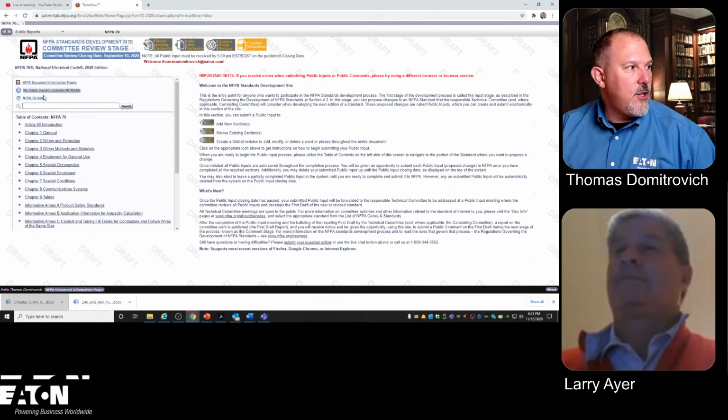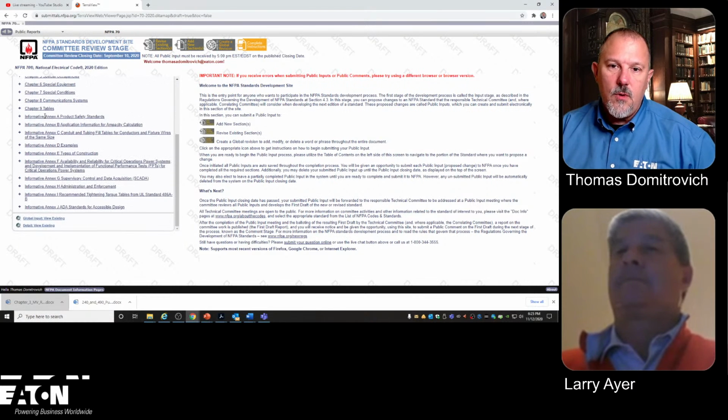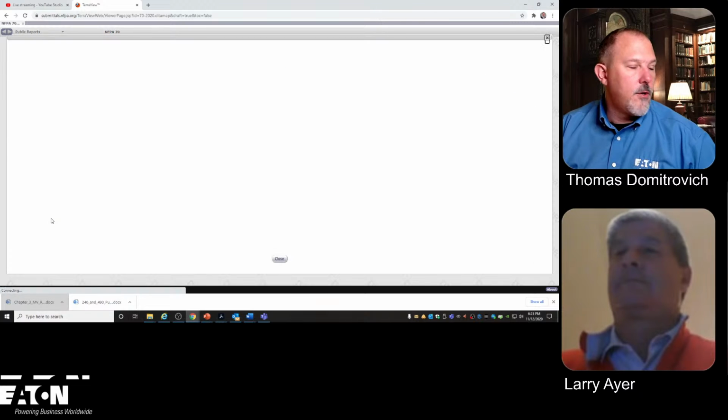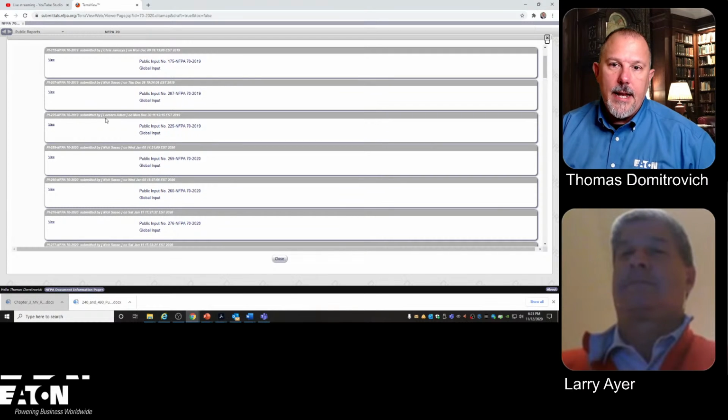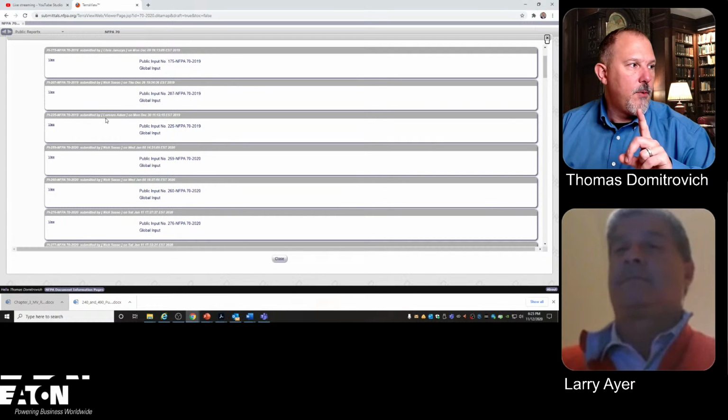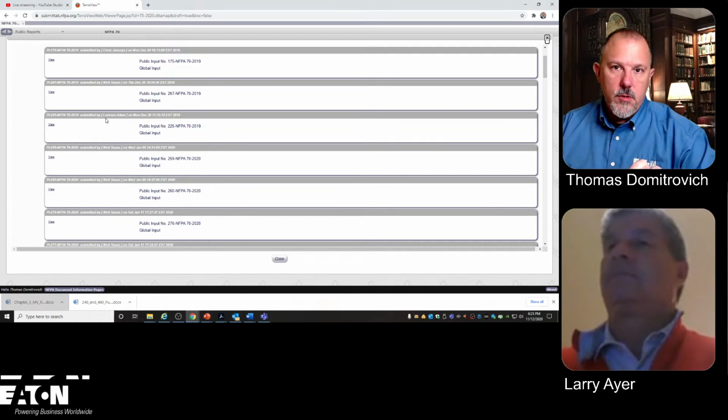But if you look over here on the left-hand side and scroll all the way down, you're going to see a link at the bottom. It says Global Input, View Existing. If you go to Global Inputs, you'll see all of the global inputs. Now, the thing to remember is the medium voltage task group was chaired by Robert Osborne.